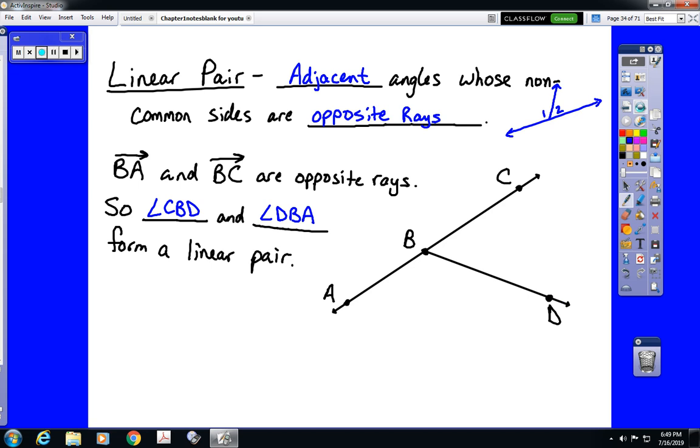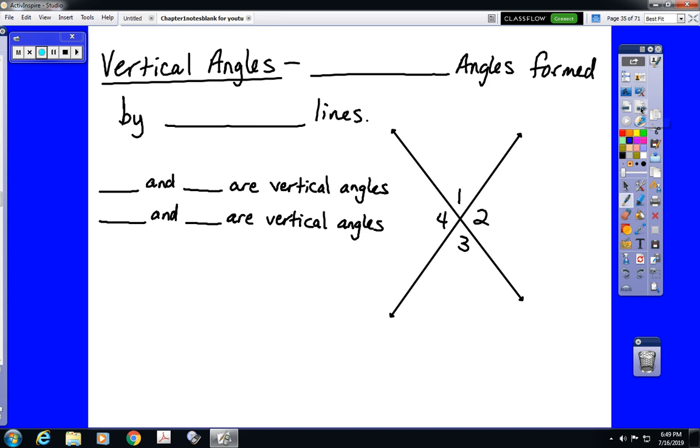Alright, our next set of vocabulary is the idea of vertical angles. Vertical angles, by definition, are non-adjacent angles formed by intersecting lines. Now what this means is that they will share a common vertex, but they will not share a common side.